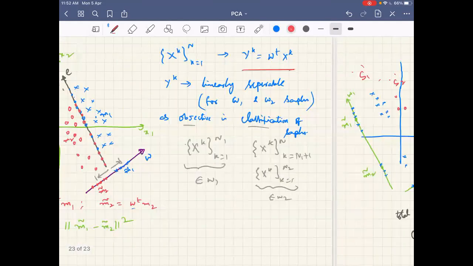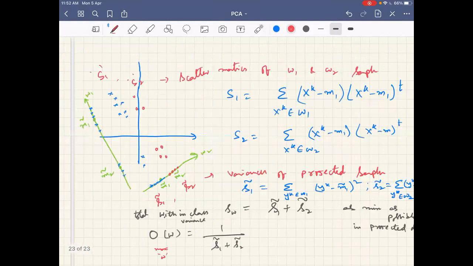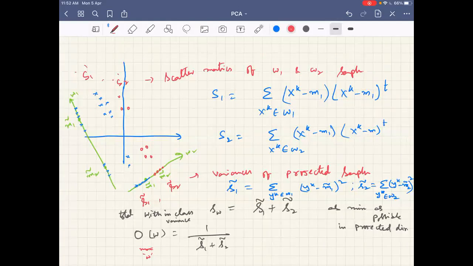Variance is calculated as Yk minus M1 tilde whole square for class 1 samples, when we consider projections of class 1 samples, and similarly for class 2 samples. Is this fine or not? Yes, sir. Is this clear? Please ask if you have any questions.